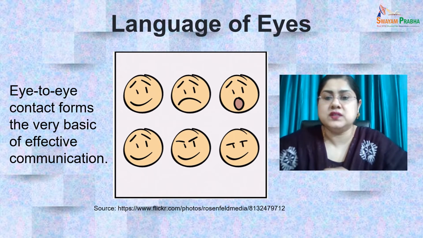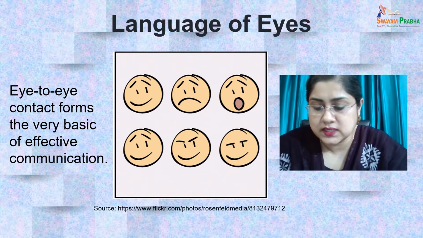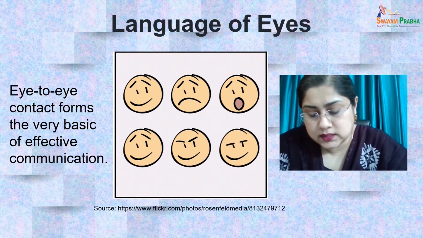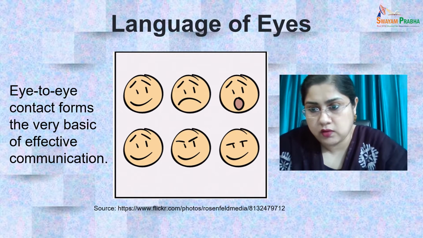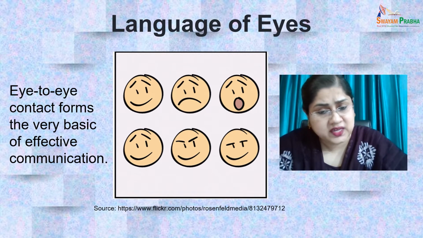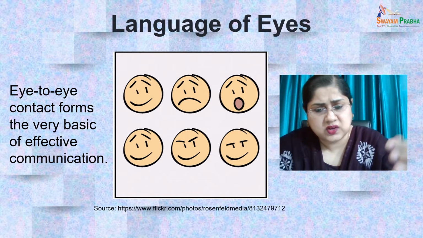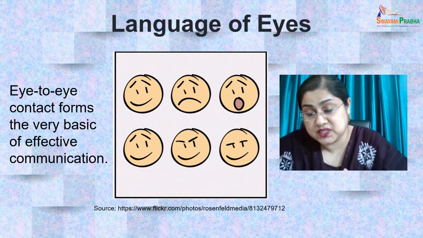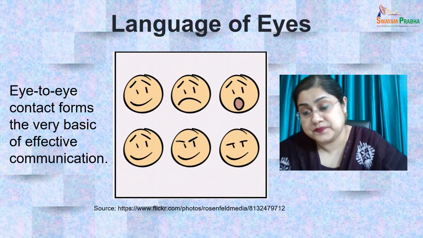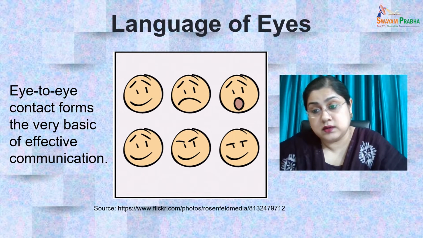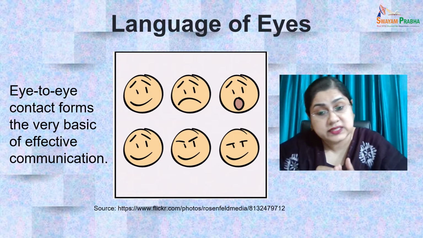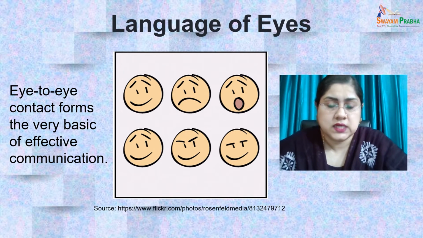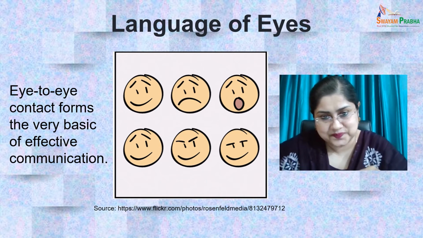Similarly, if one person is communicating well, and the emotions of fear or maybe any sort of anger, enjoyment, or greediness, or temptation, maybe love and affection, empathy and sympathy, or any type of emotion, invariably you can find it through the eye language.